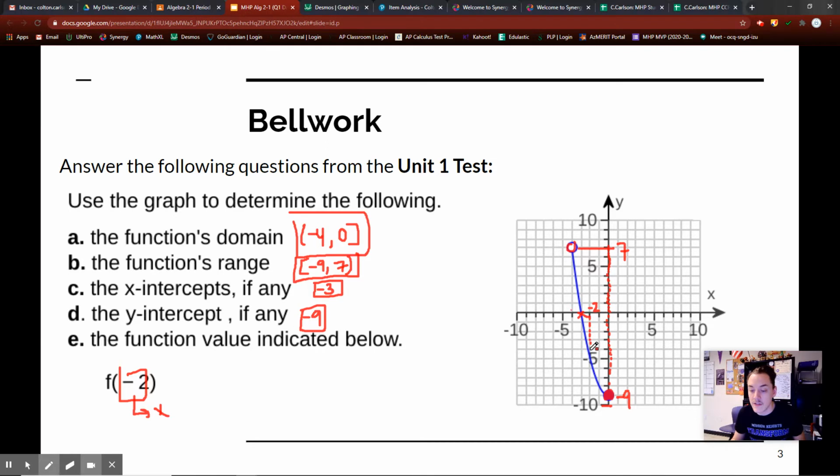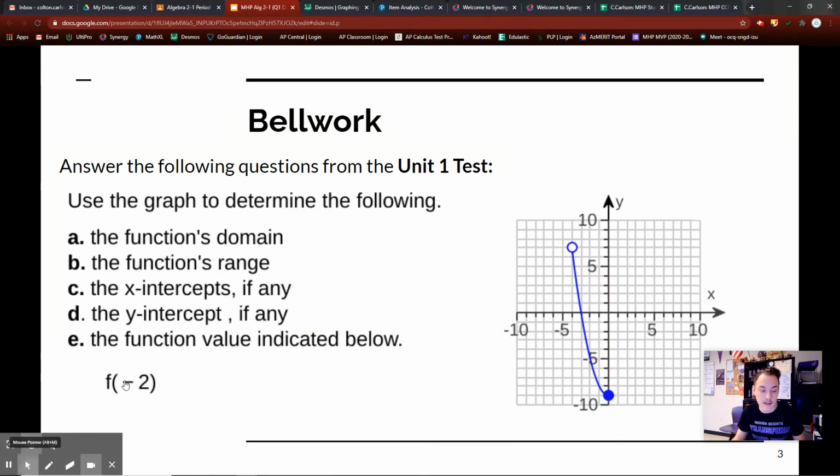And I want to find where it actually hits my graph, and what value is that? -5. So it hits my y value at -5. Remember, input x, output y. Input x, output y. And your graph is the y. Sweet. So now that we got all that, let's continue on.